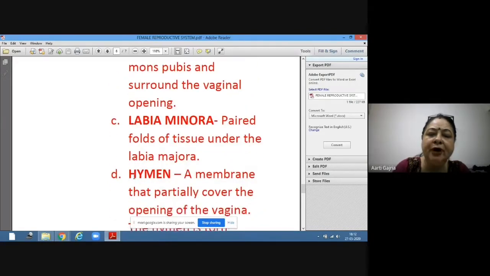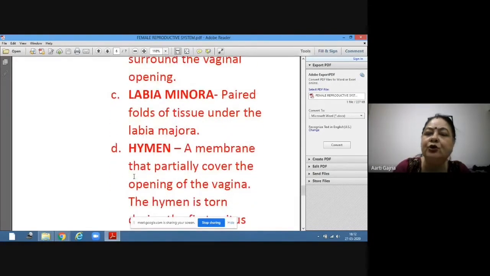The third part is labia minora. These are the paired folds of tissue under the labia majora. That means labia majora is the outermost part, and inside it is the labia minora.